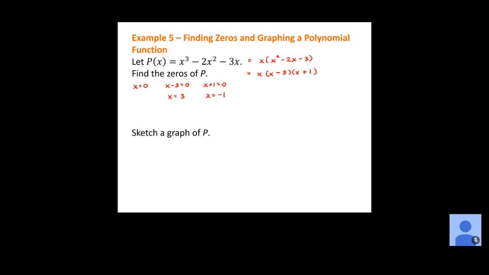All right, now we want to try to sketch the graph. So the other thing I need now, beyond just the zeros, is to know what the end behavior is going to look like. So again, I'm going to go back to my leading term here. We know the degree of this one is going to be 3, which means we have an odd degree, which means opposite directions for our end behavior.